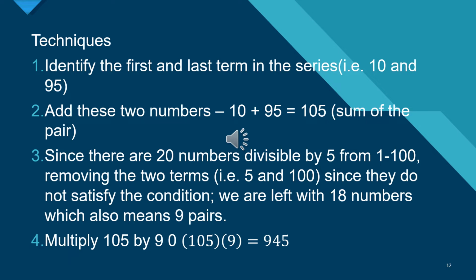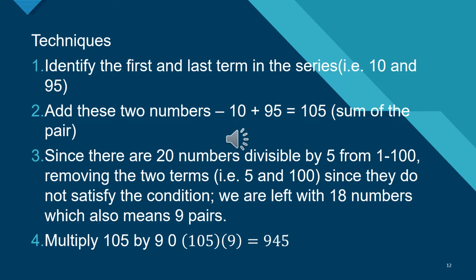Now, if we count all of these, we actually get 18 numbers, which are 18 two-digit numbers divisible by 5. What I usually do is to add the first and the last number in the sequence.